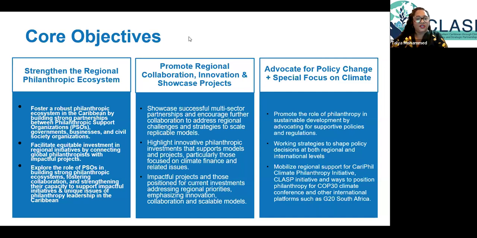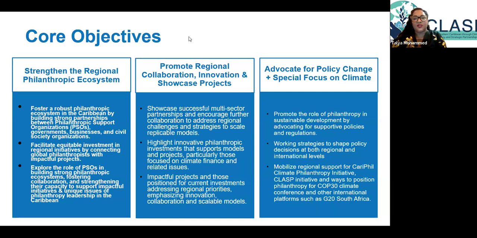So the core objectives are to strengthen the regional philanthropic ecosystem, promote regional collaboration, innovations and projects, and of course advocate for policy change. And there is going to be a very special focus at Future Forward on climate philanthropy based on our CLASP project that's happening.